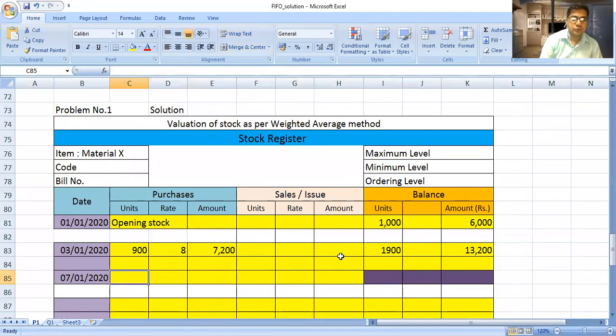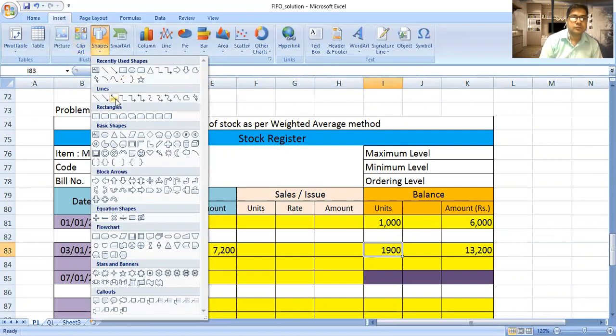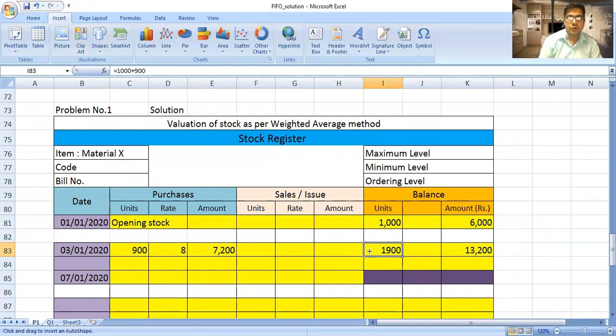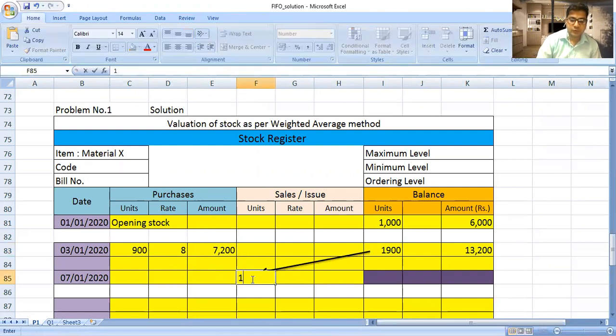So 1,200 we have to take from 1,900. From this 1,900 they sold only 1,200 units.